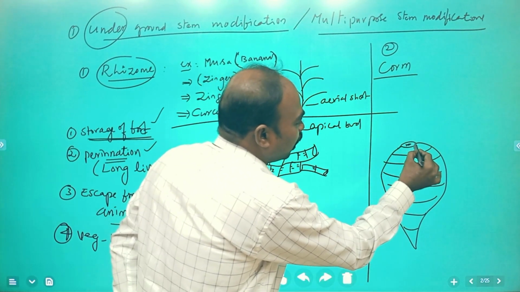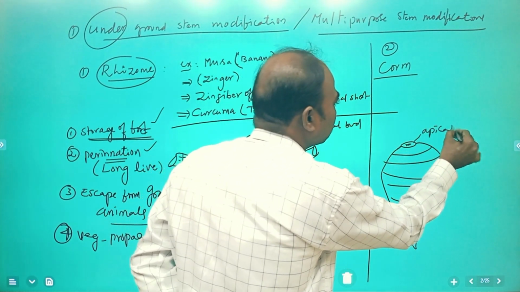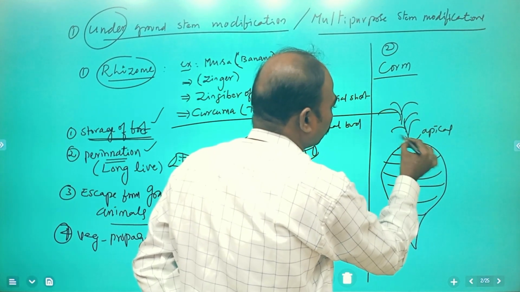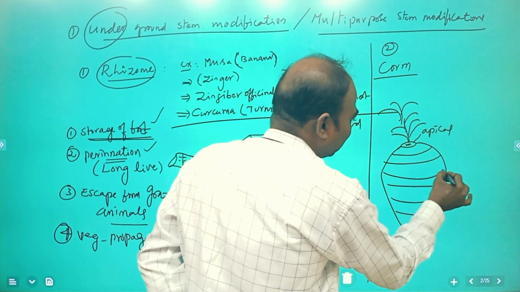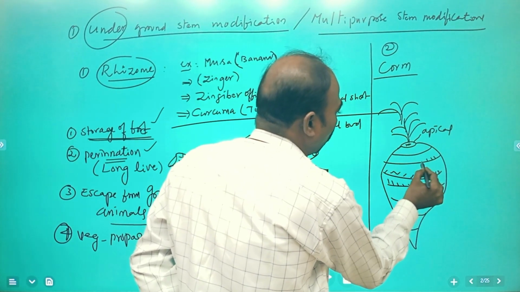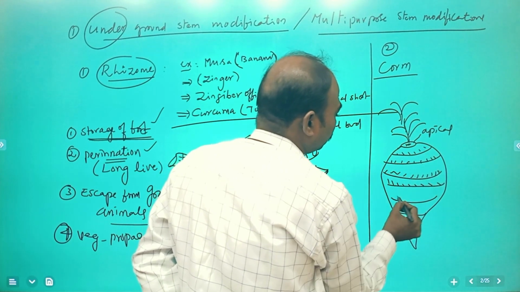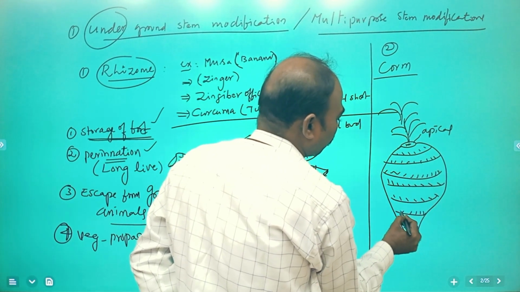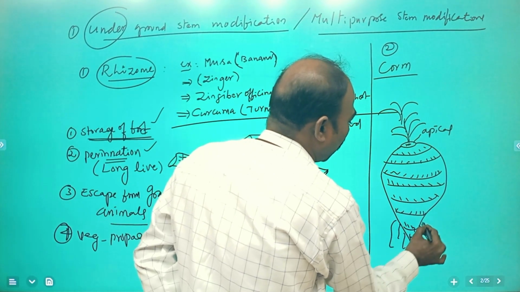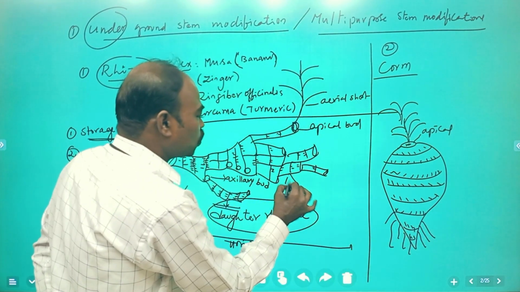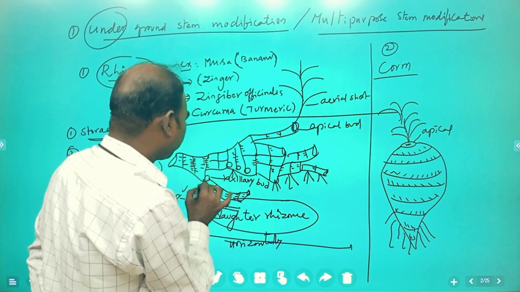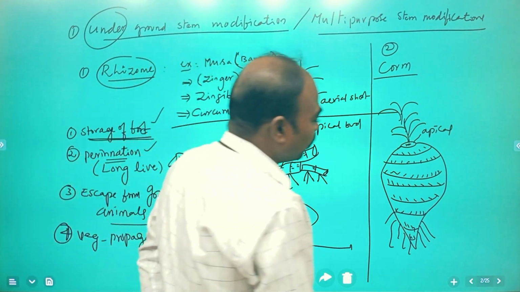Here also the apical bud is present, which produces the aerial shoot. The axillary buds and the scale leaves are found at every node. And contractile roots are found. Here also, in the root system, adventitious roots are found for absorption of water.